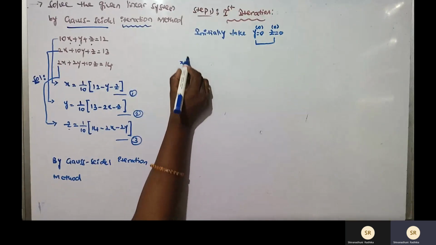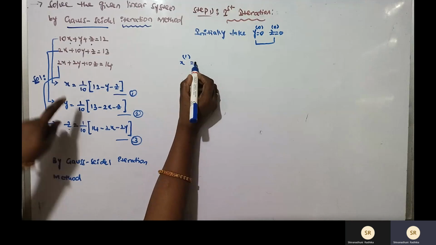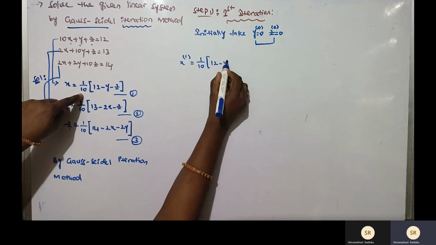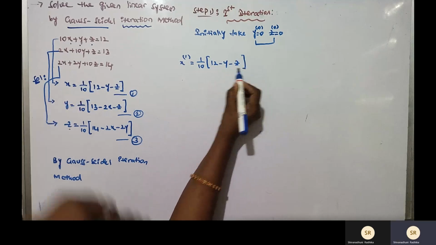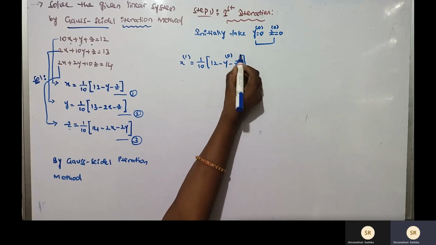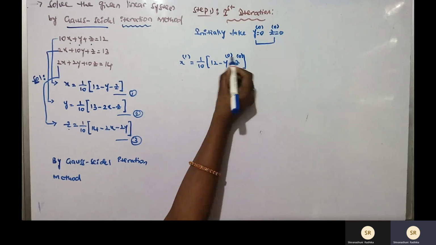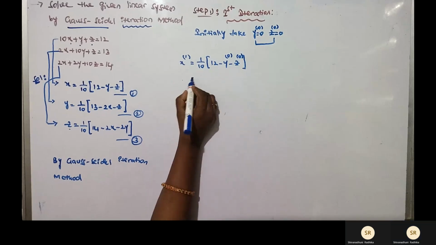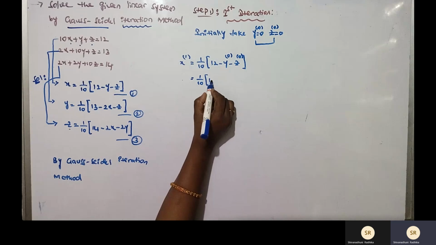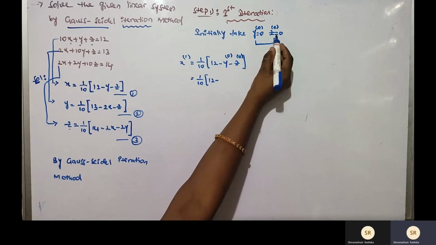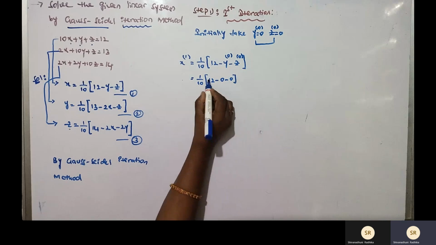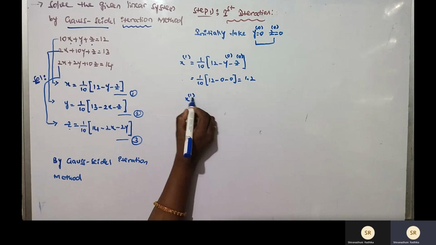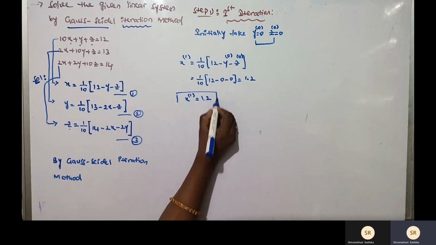So x first approximation can be written as 1 by 10 into 12 minus y of 0 minus z of 0, which gives 12 by 10. So the x first approximation value is 1.2.